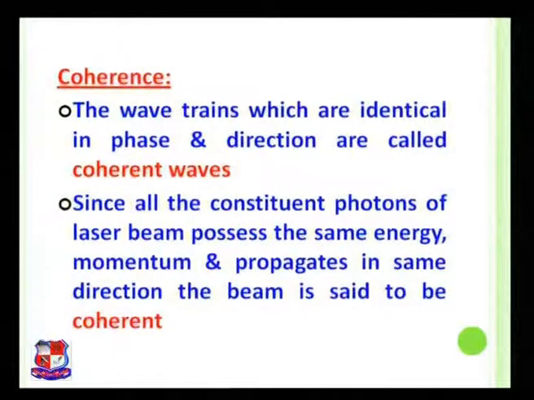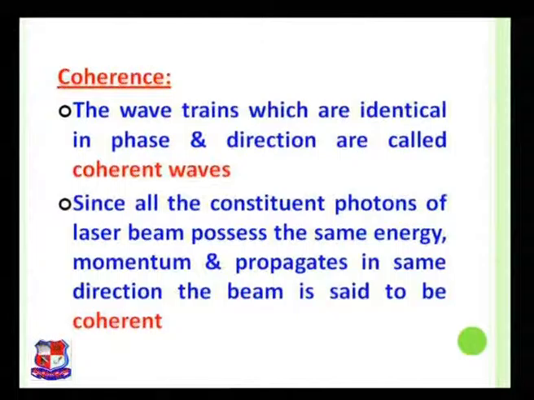Two different waves having the same phase and the same direction are coherent. All the constituent photons of a laser beam possess the same energy and momentum, and they propagate in the same direction in the form of a beam, and this type of beam is said to be coherent.